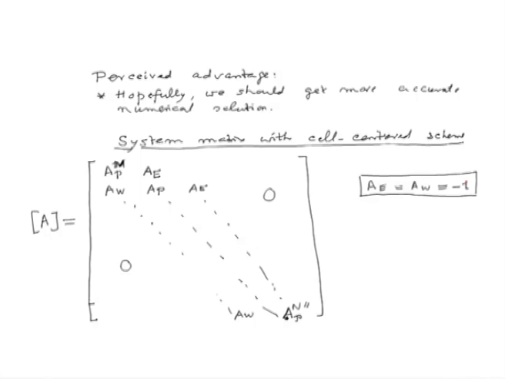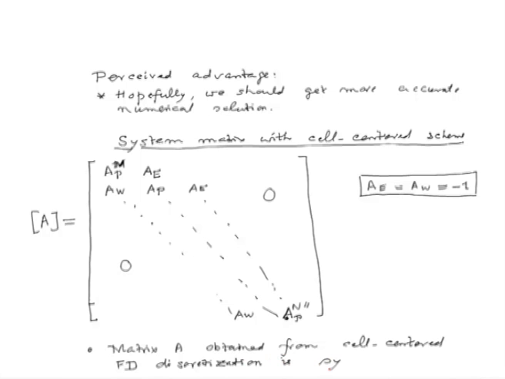So what you can see is that this matrix A obtained from the cell centered finite difference discretization is symmetric.